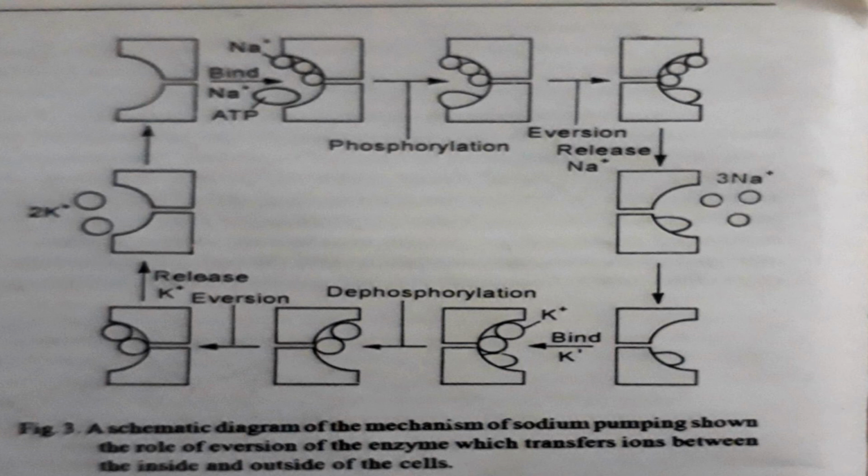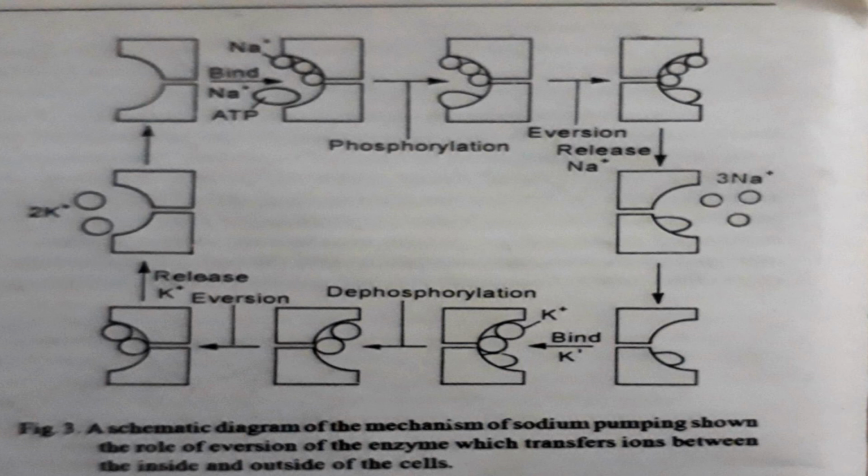The system is then transported to the outer cell where it undergoes the dephosphorylation process, giving the original phosphoprotein, which releases sodium and now binds potassium prior to its return to the inner surface. It is then phosphorylated. Potassium is released into the cell and sodium is bound for efflux from the cell. So in this way it is a revolving door type of mechanism.